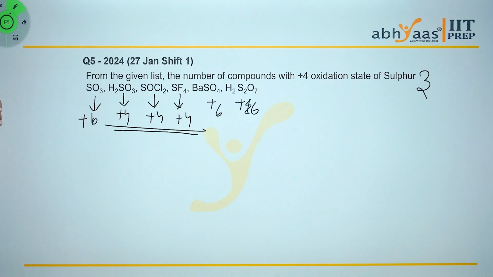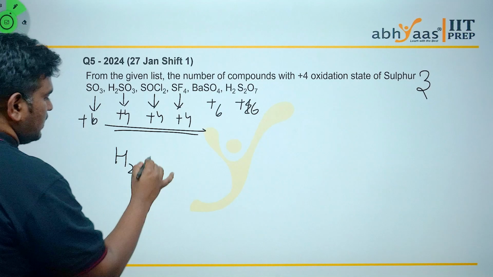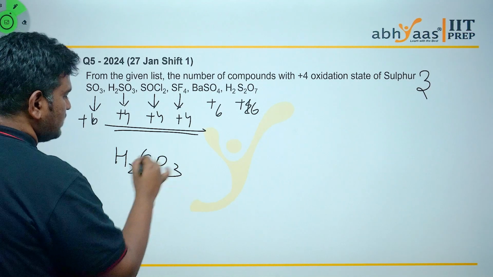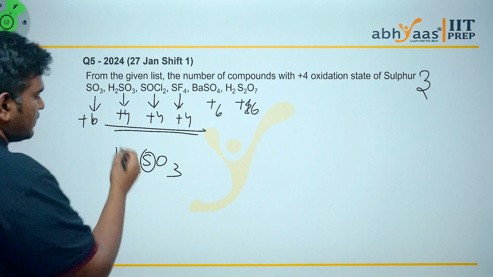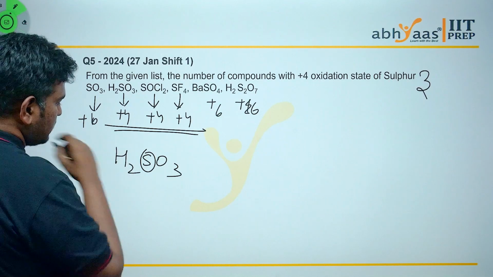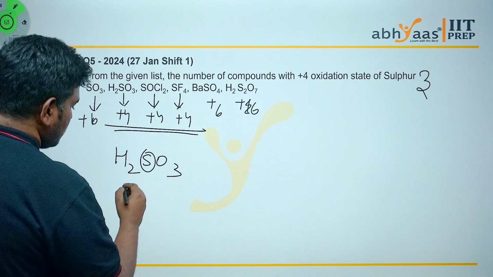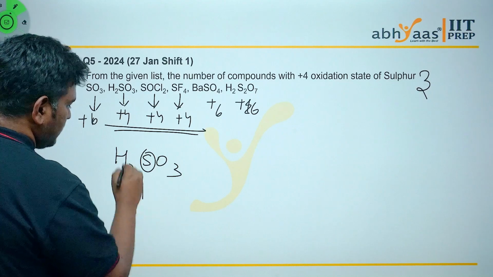So I will take the example of this particular H2SO3. We have to find out the oxidation state of sulfur. We know that the charge of hydrogen is +1, so it will be 2 into 1, right?